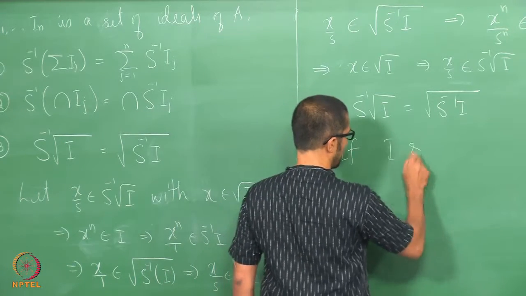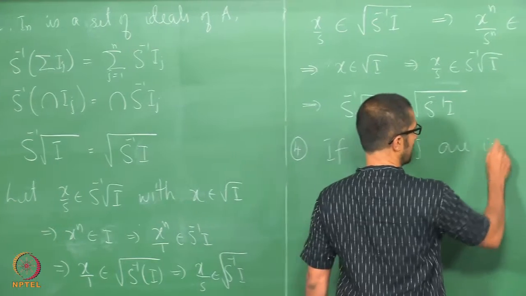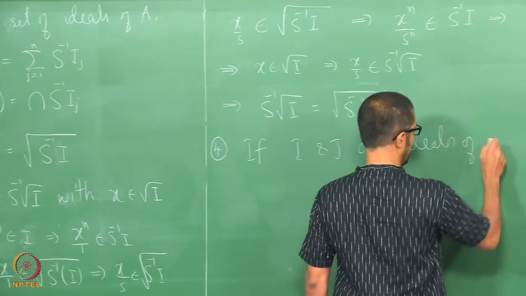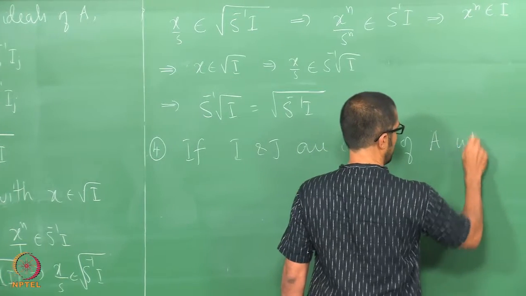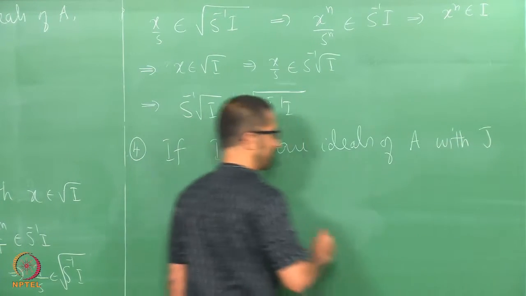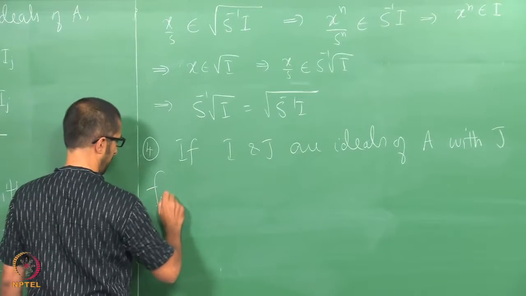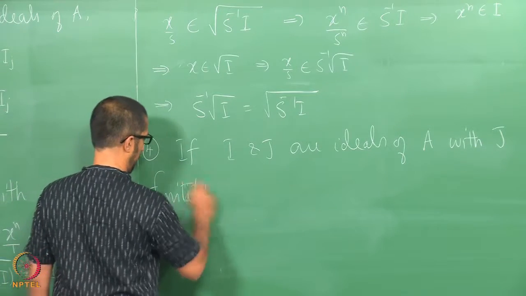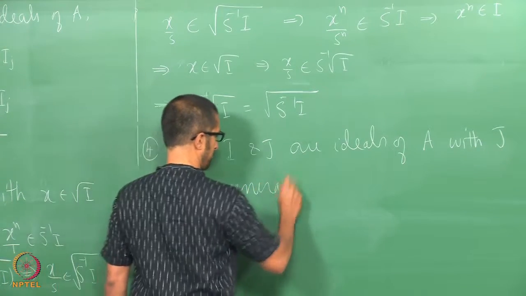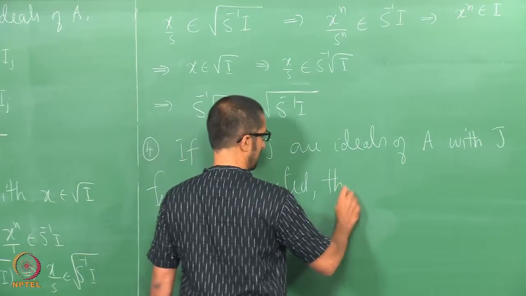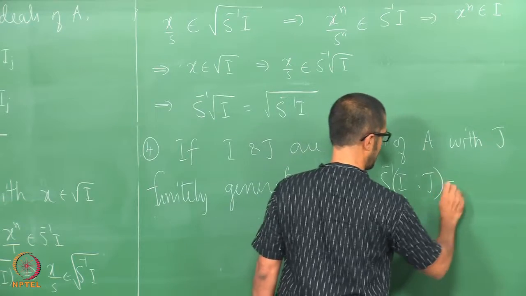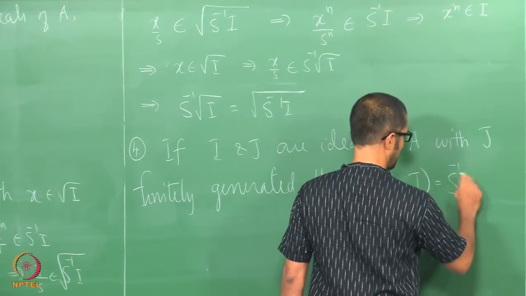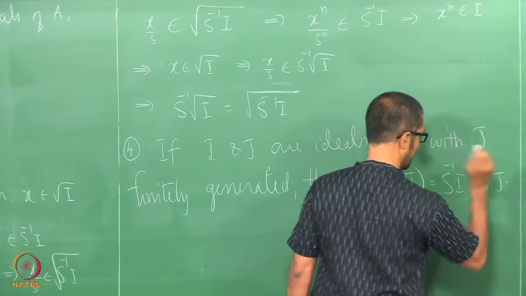And if I and J are ideals of A with J finitely generated, then S inverse of I colon J is the same as S inverse I colon S inverse J.